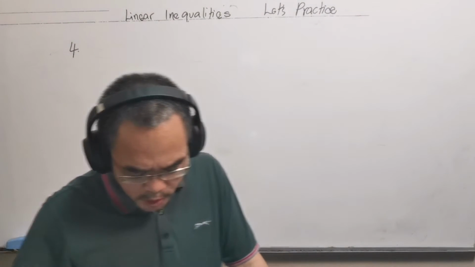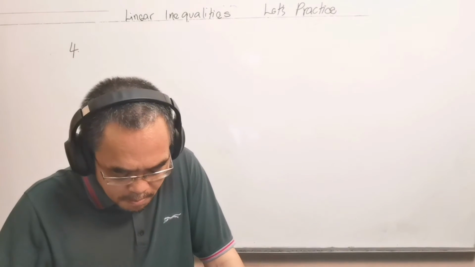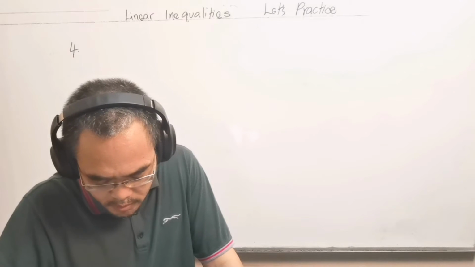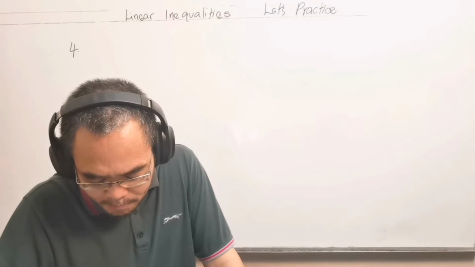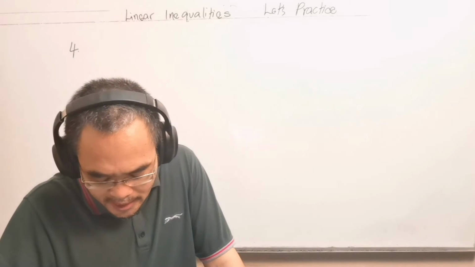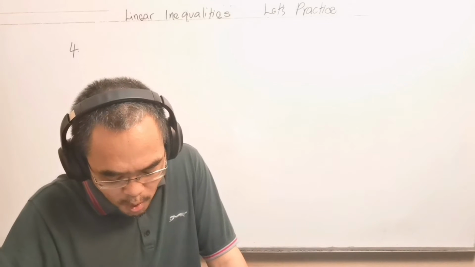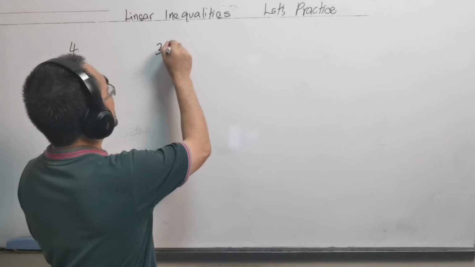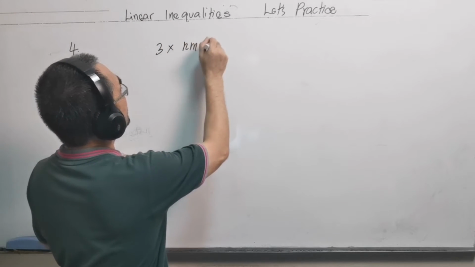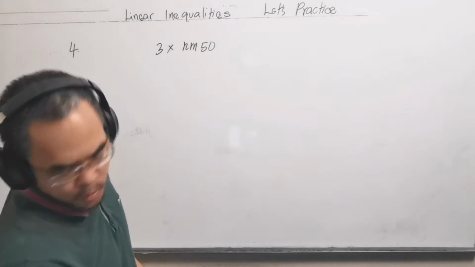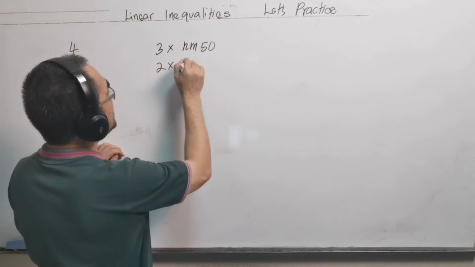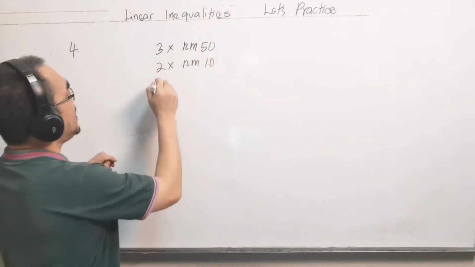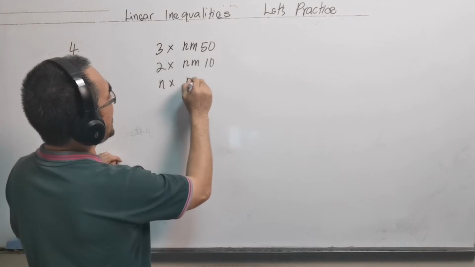Okay, let's continue. Question number 4. Mr. Koh has 3 pieces of RM50 notes, 2 pieces of RM10 notes, and N pieces of RM1 notes. 3 times RM50, 2 times RM10, N times RM1.